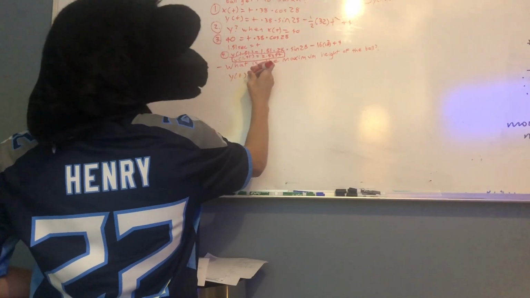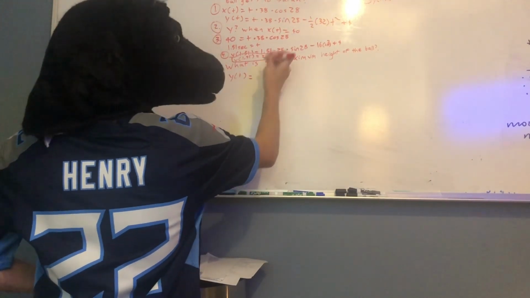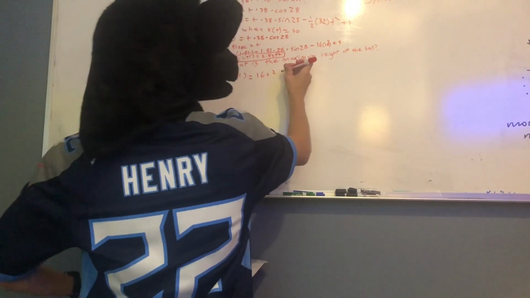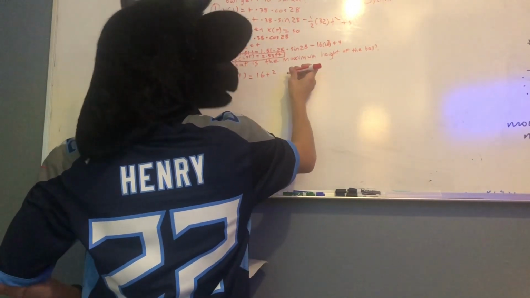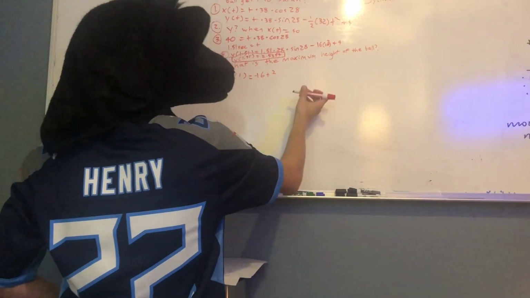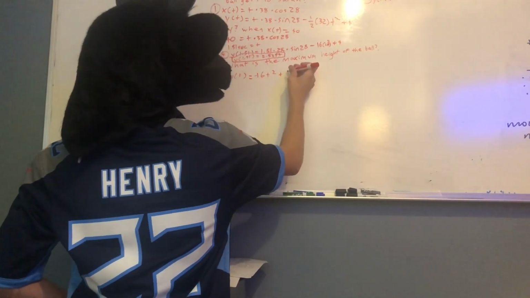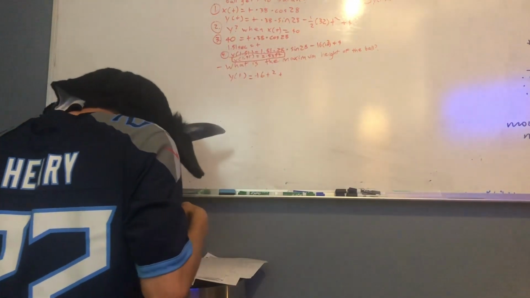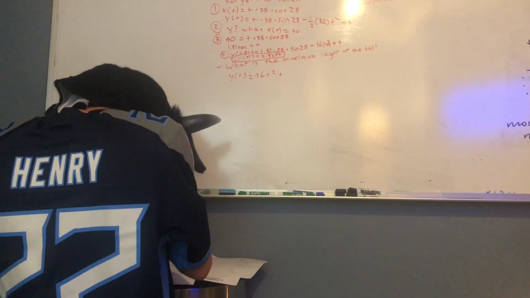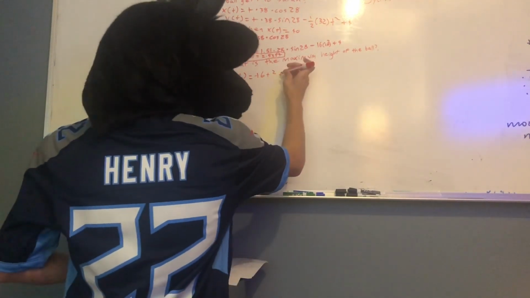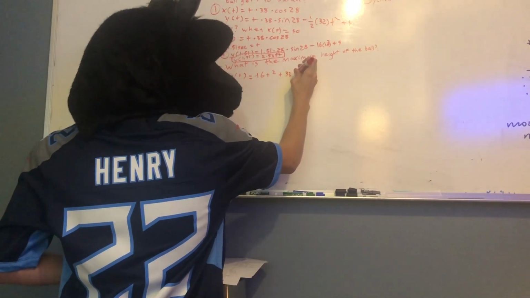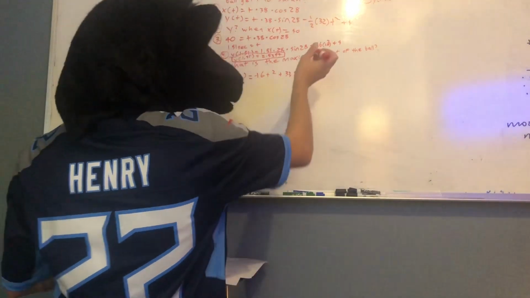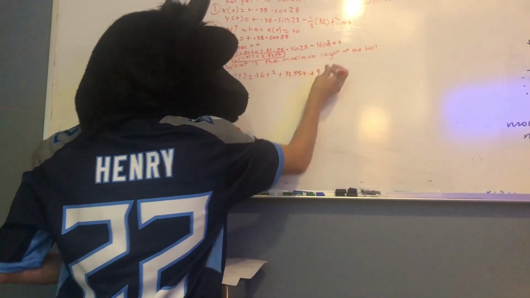Y of t equals negative 16t squared plus 38 sine of 28t, which if we plug into our calculator gives us 33.55t, and plus 4, and that's our polynomial.